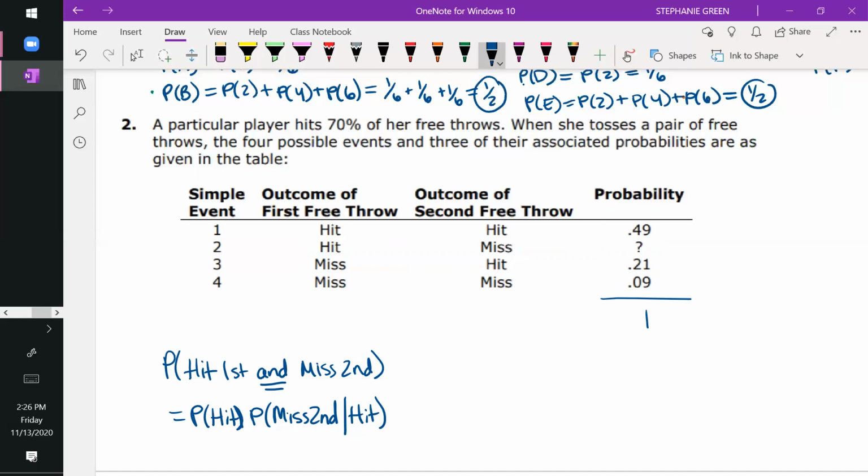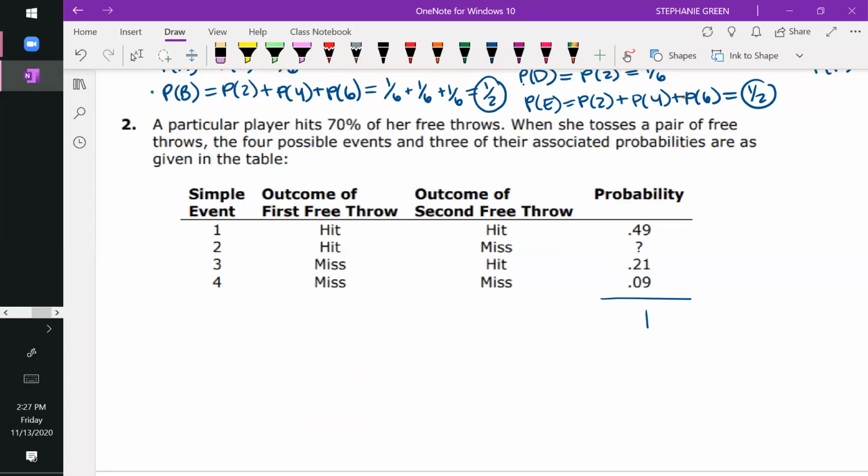Hitting both times, missing both times, hit first then miss, miss first then hit. I can't think of any other way that this could go. So these 4 probabilities should all add up to 1. So I guess I don't need this. Let's see, 0.49 plus 0.21 plus 0.09 plus what is 1? So I'll do 1 minus those numbers.